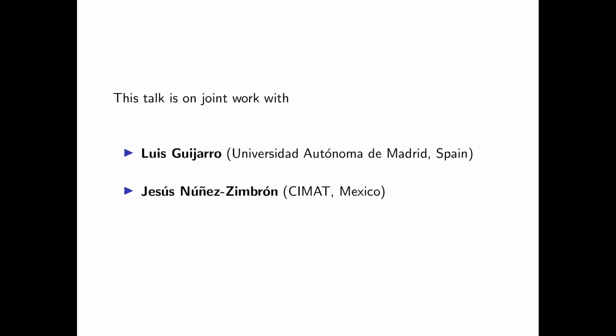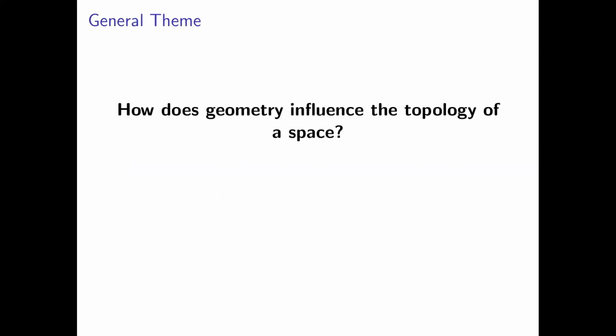As maybe not everyone is familiar with Alexandrov spaces, let me start with a very general question. This question is a theme in geometry: you want to understand how the geometry influences the topology of a space. This is the theme of global Riemannian geometry.